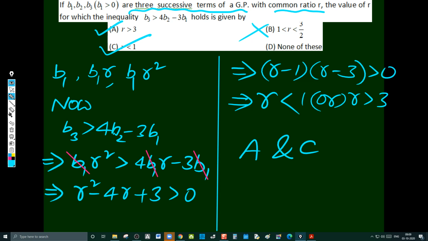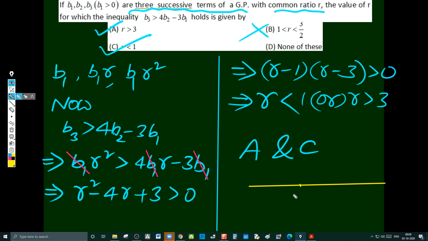You must be remembering the wavy curve method, just reminding you of that. If you take the number line, mark only the roots 1 and 3, and from the extreme right side, put plus and minus alternatively.